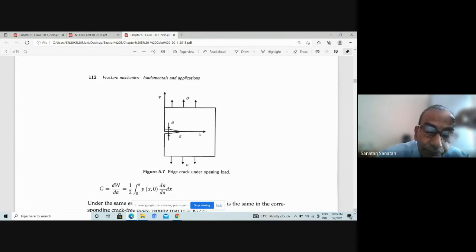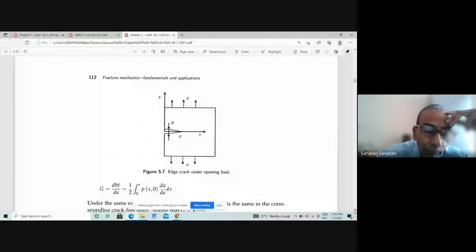Now if you think of it, you didn't have the crack, and there is a crack now of size a, then the opening has taken place against the internal resistance, and therefore some work has been done in opening the crack from x equal to 0 to a, and that work done is W.